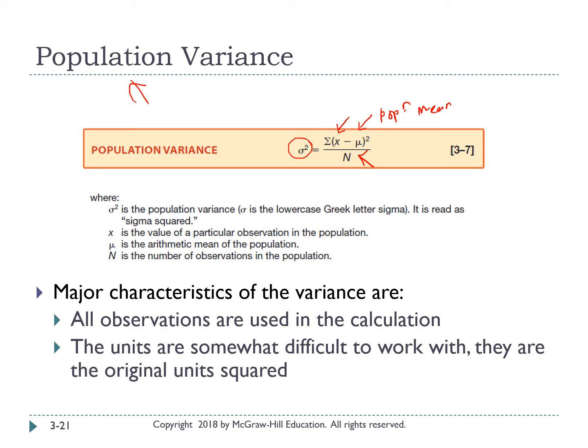However, the units that you get after computing the variance are somewhat difficult to work with, because the unit will be squared. So sometimes people think it is hard when they compute it and the answer is, for example, 2 squared, which is kind of weird.